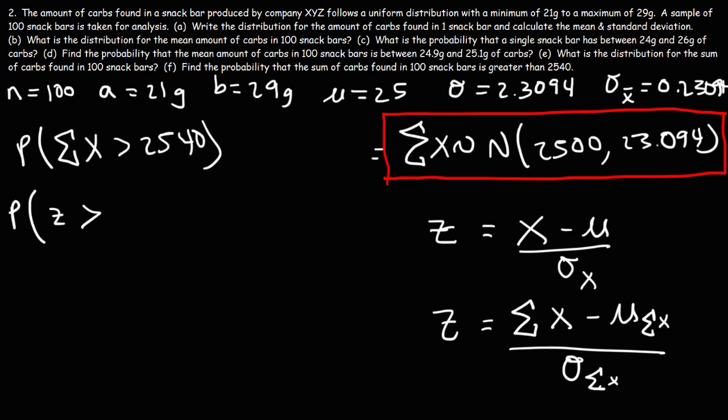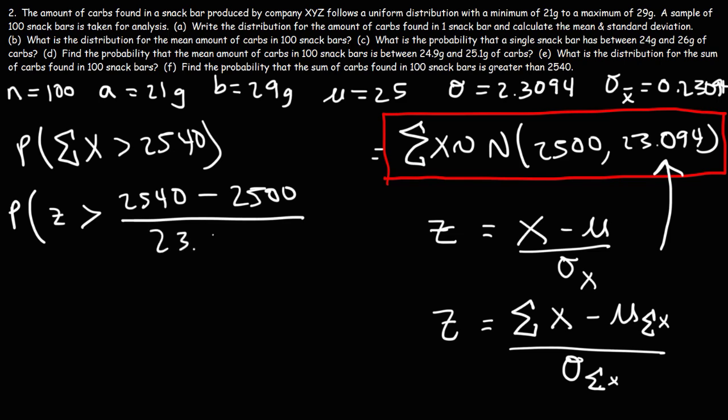So the sum of the x values that we're concerned about here, that's 2540. Now the mean for the sum of the x values, that's 2500. And the standard error associated with the sum of the x values is 23.094.